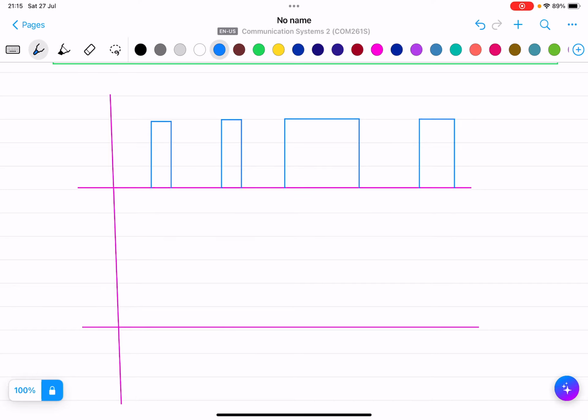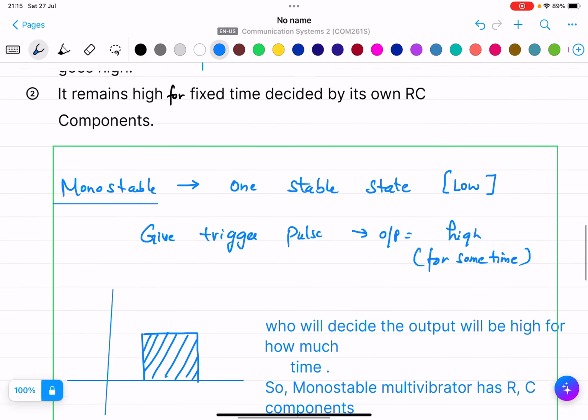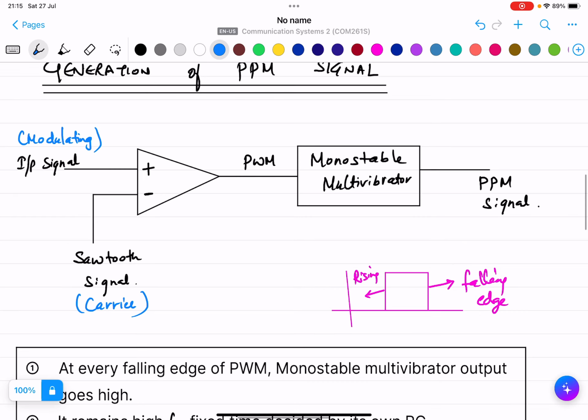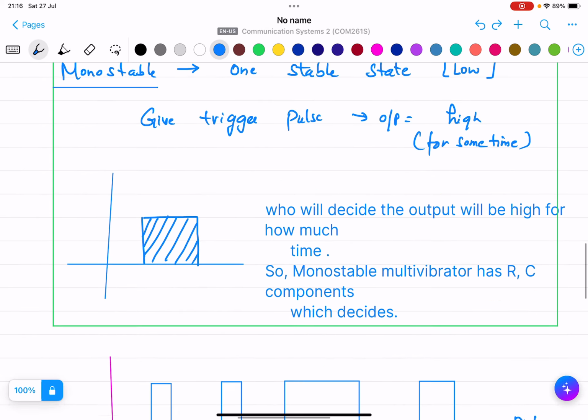So you can see the width is not constant. I can write that this is the PWM output. Why is this the PWM output? First of all, the input signal, the modulating signal, and the sawtooth signal go through the comparator, which gives the PWM output, and then it goes to the monostable multivibrator, which gives us the PPM signal.